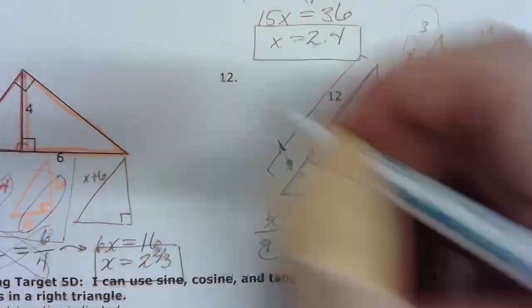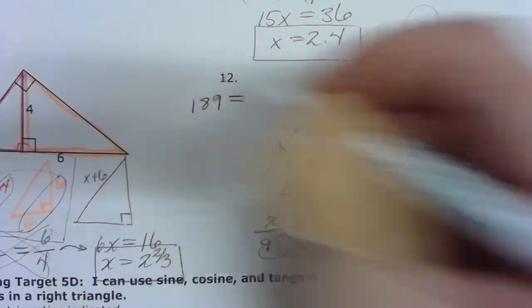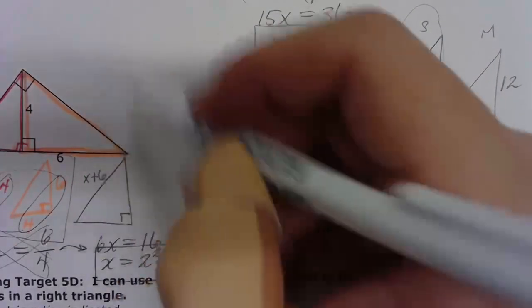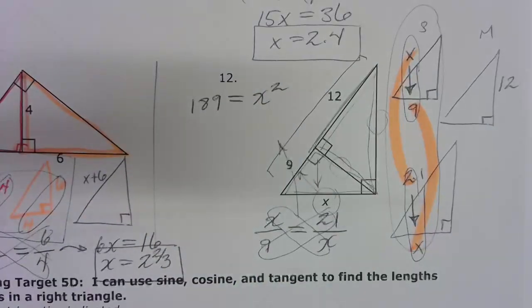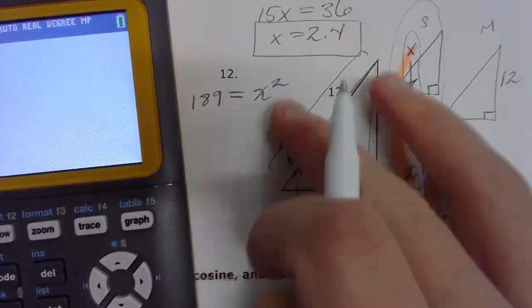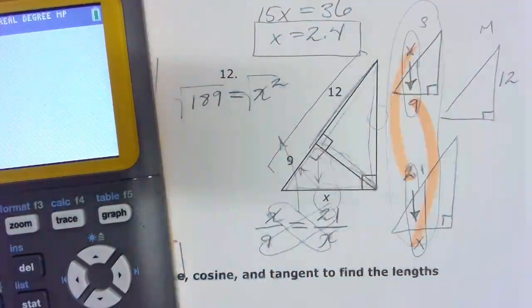So on the left-hand side, 21 times 9 is 189, and on the right-hand side, I get x times x, which is actually x squared. Wow, I know, groundbreaking. Now to solve for x, we're going to take the square root of both sides.